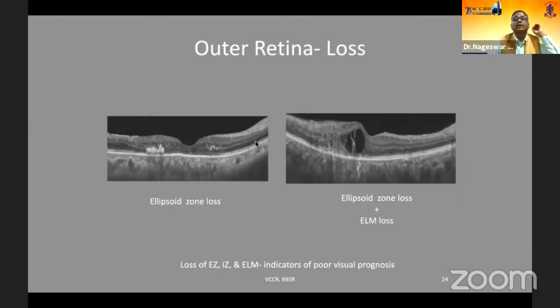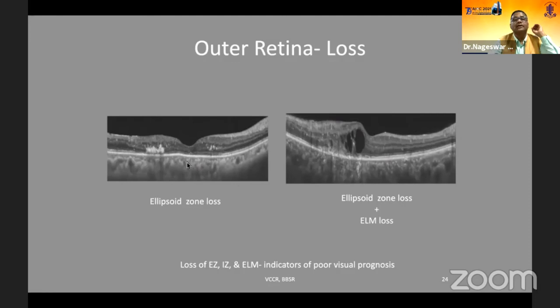And for outer retinal disruption and loss, the outer retinal loss is an important parameter in so many disease entities, particularly long-standing diabetic macular edema, retinal vasculopathies, or age-related changes.